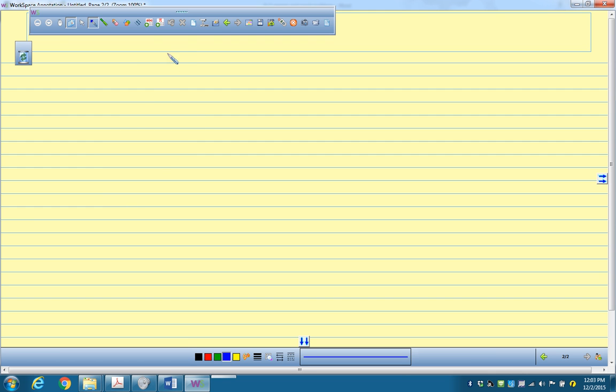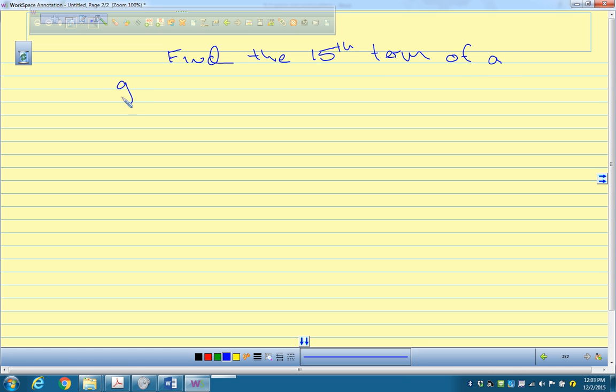Find the 15th term of a geometric sequence if A sub 3 equals 5/4 and A sub 6 equals 5 over 32.